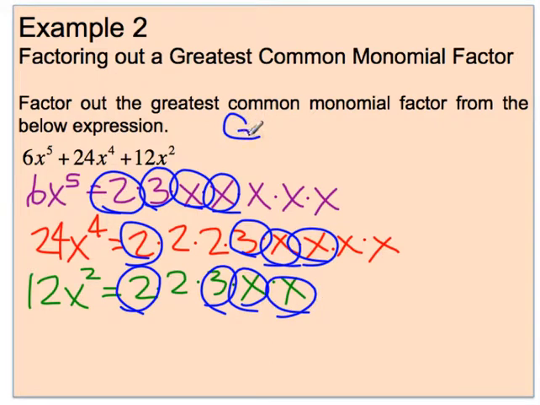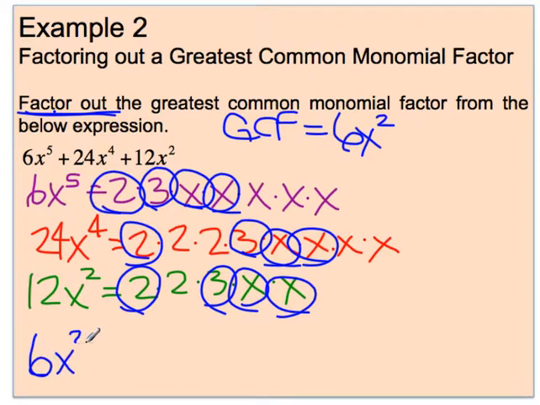So our greatest common monomial factor is going to be 6 times x squared. So when we factor out this GCF, we want to write this as 6x squared times some remaining polynomial. Now the signs of our polynomial are going to stay the same, so we want to go ahead and add in the 2 plus signs.